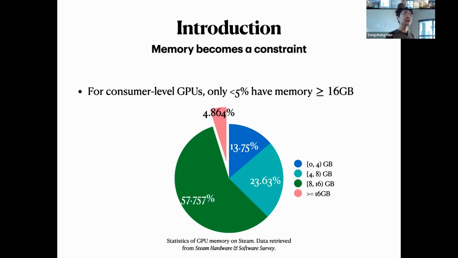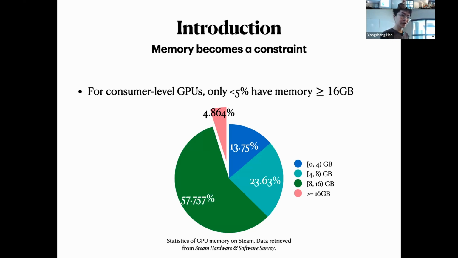So this means that with model growth larger, it's harder and harder for normal people to train their own model on their own device. And we probably cannot increase the memory of GPU, but probably we can make some algorithms to reduce the memory requirement to train models.